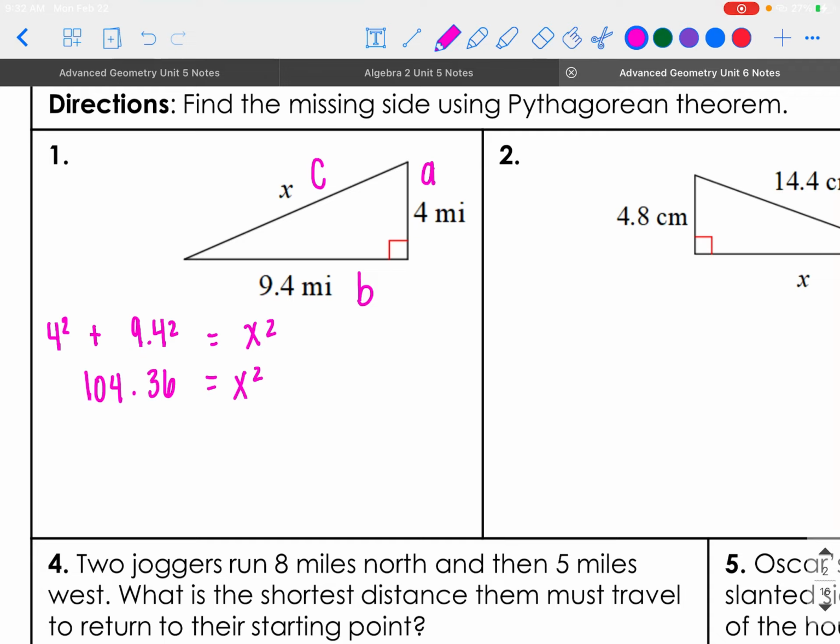And then in order to get the x, we need to take the square root. So the square root of 104.36 is 10.216. If it doesn't tell you otherwise, try to go to at least 3 decimal places. The more you have, the more accurate it is.